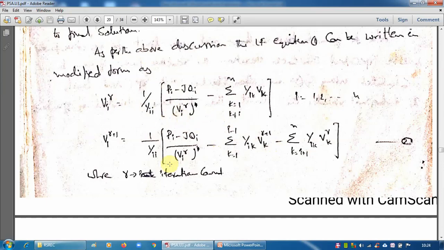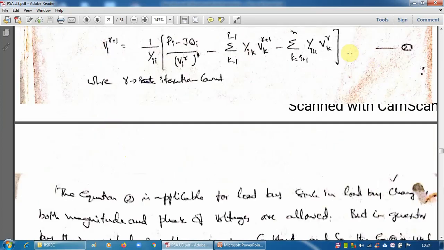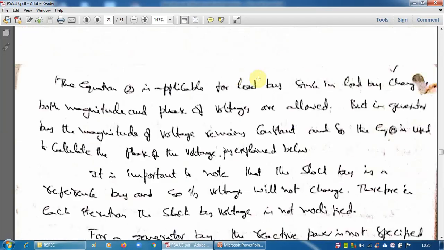So this is the final form, same expression and final form for the Gauss-Seidel method. In this, as I said now, you can calculate V1, V2, V3, and so on, up to Vn, all bus voltages.